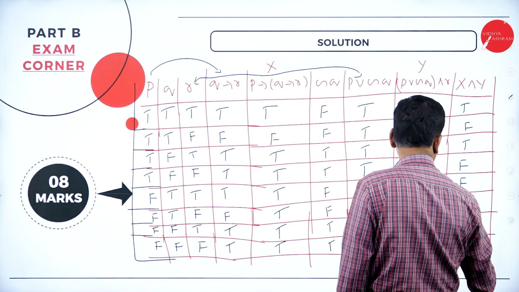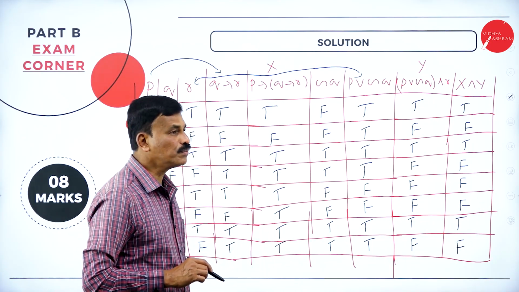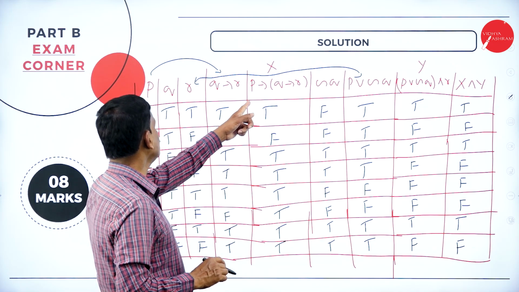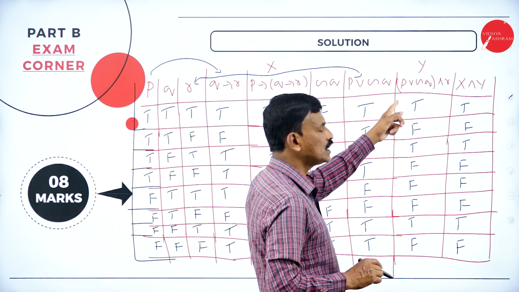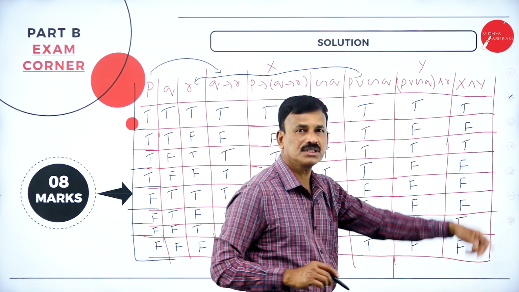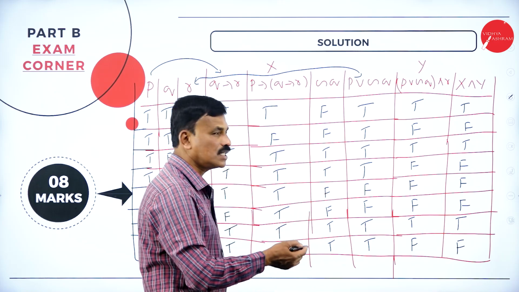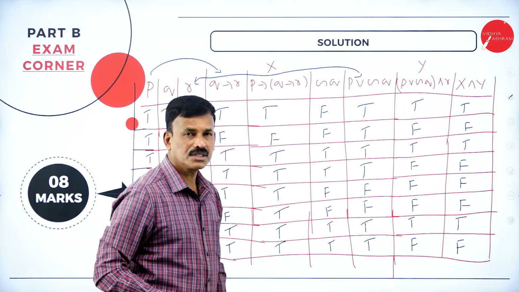True and false is false. So, this is the truth table for the given compound proposition: P conditional to Q conditional to R, conjunction P disjunction negation Q conjunction R. Here you can observe that this is neither a tautology nor a contradiction.